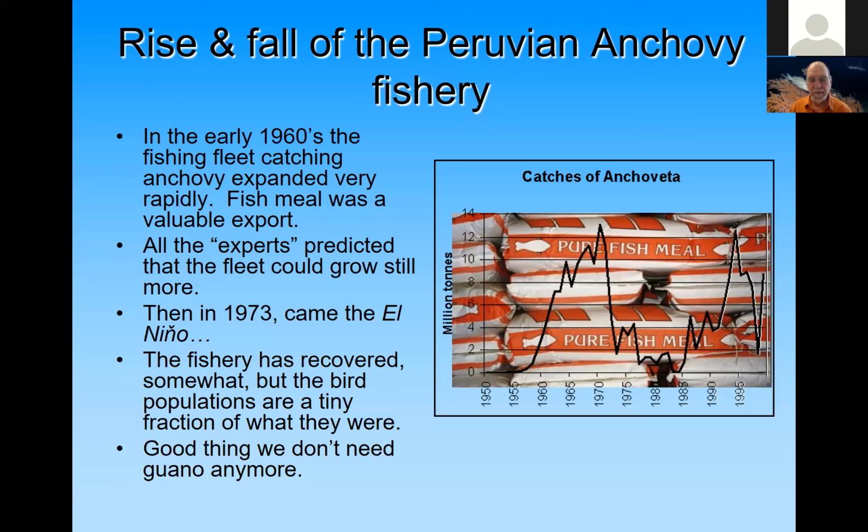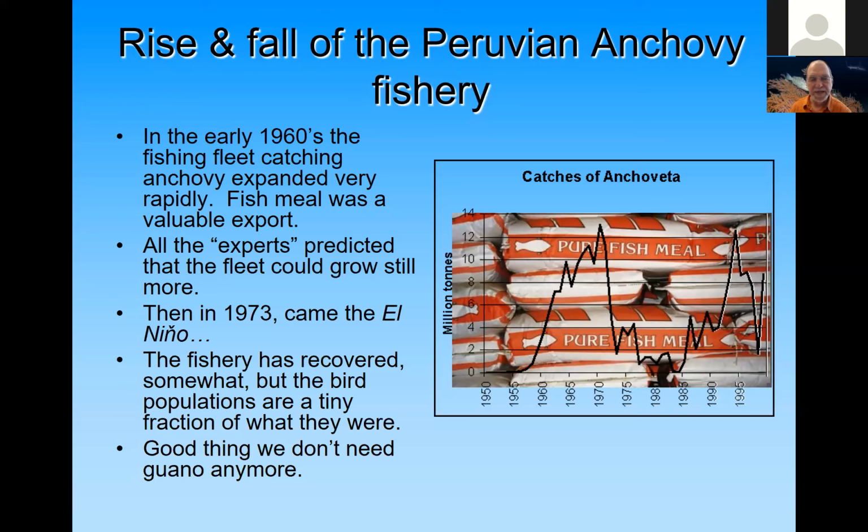There was this huge, heavily capitalized industry depending on landing anchovy. And so instead of suspending operations, the fishing boats essentially chased the anchovy that moved near shore and continued catching them. This had the consequence of driving down the population and slowing the recovery of the ecosystem when non-El Nino conditions returned.